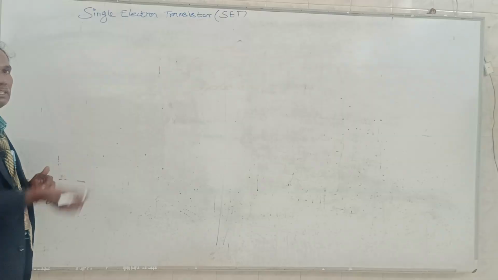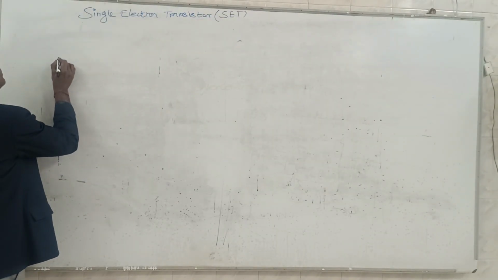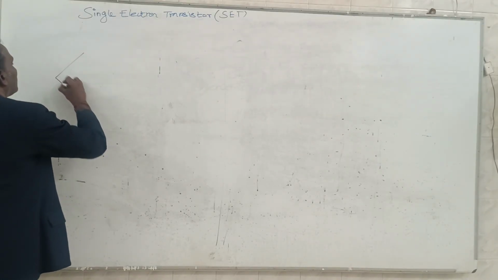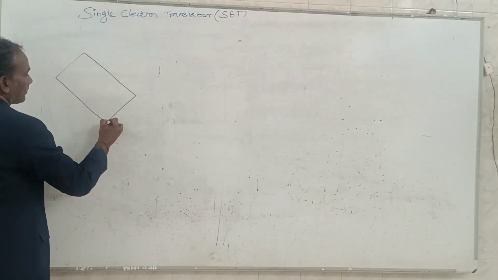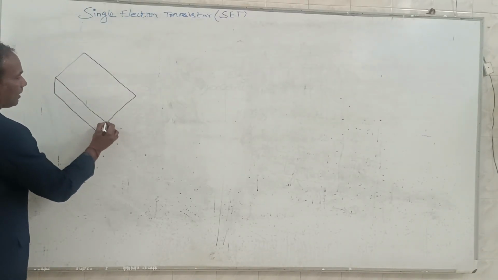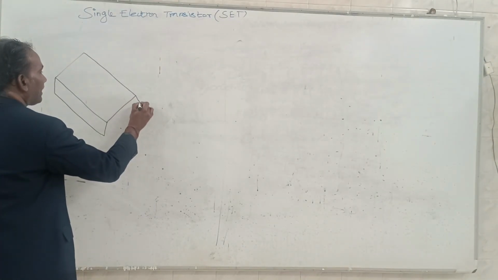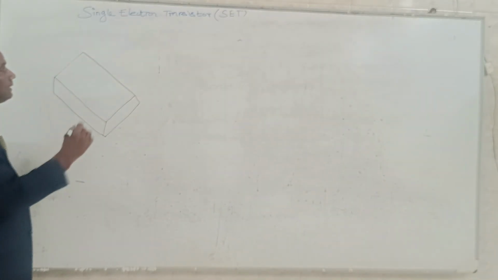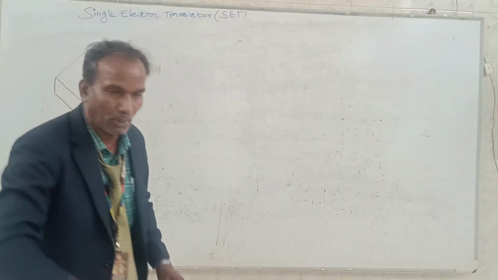After that we will move to the next topic. Here I am giving the structure of the field effect transistor for your understanding, and I am going to compare it with the SET.